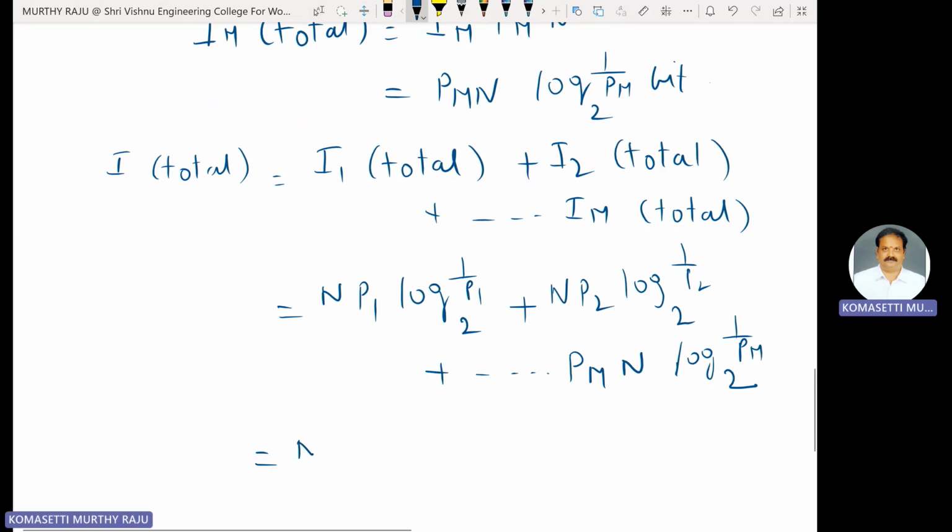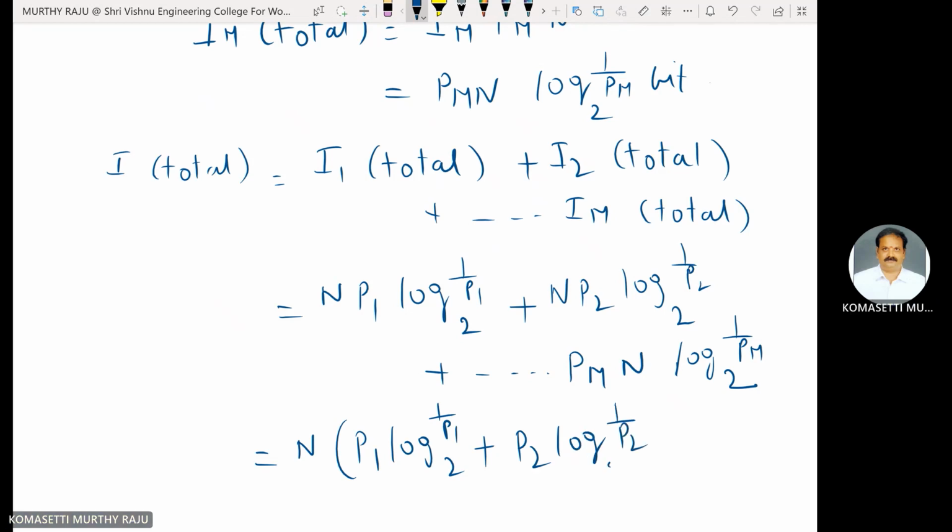That is equal to N into P1 log 1 by P1 base 2 plus P2 log 1 by P2 base 2 and so on so forth, PM log 1 by PM base 2.